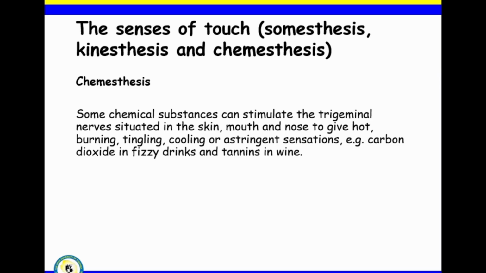That's the fizzy feeling of the carbon dioxide in it. But also when you are chewing gum, the menthol, you can feel something cold, cooling, something like that. So that is chemesthesis, the sense of touch.